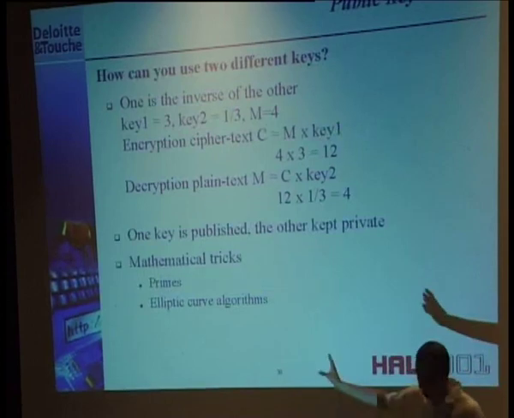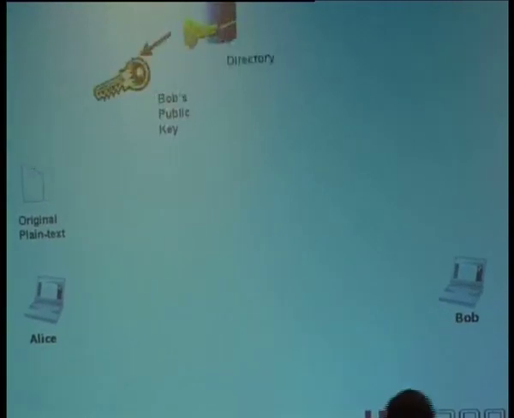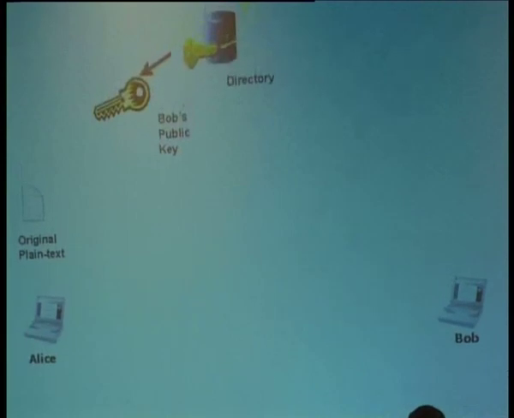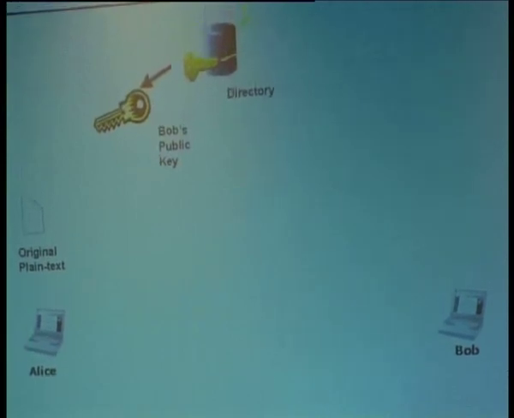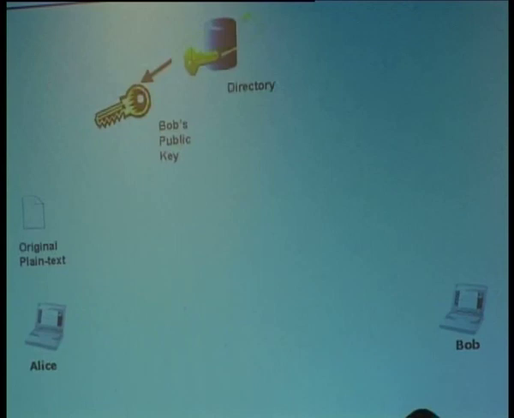So here the theory, how you can do it. Again, the picture, and this famous Alice and Bob story, it's always Alice and Bob, I don't know why. We have Alice. Alice has an original plain text. Alice has created a key pair. And Bob has also created a key pair. So first, if Alice wants to send Bob an encrypted message, Alice asks Bob, can you please provide me your public key?